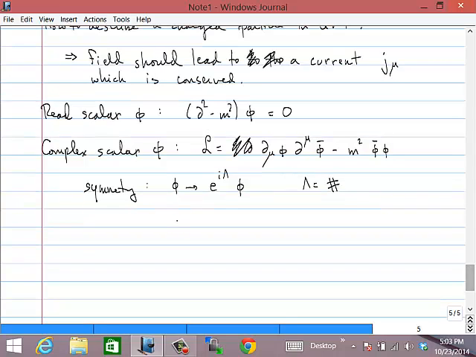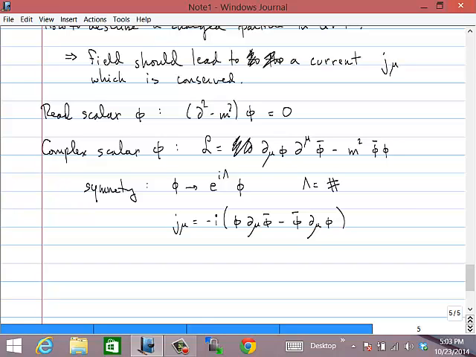And then it's straightforward to go ahead and write down the current using Noether's theorem associated with this symmetry. This is something that, did we do this in class, or did you do it on your problem set? You did it on your problem set. So the answer is I times phi d mu phi bar minus phi bar d mu phi. Okay.